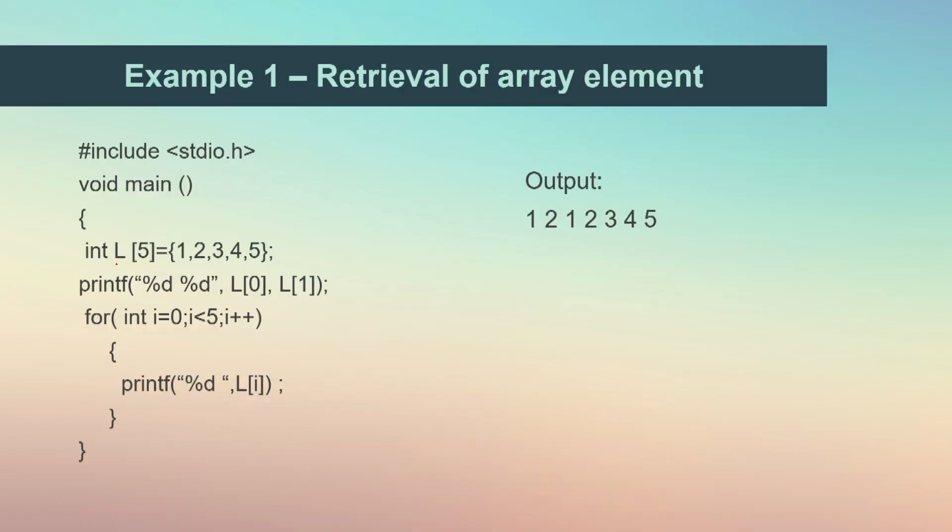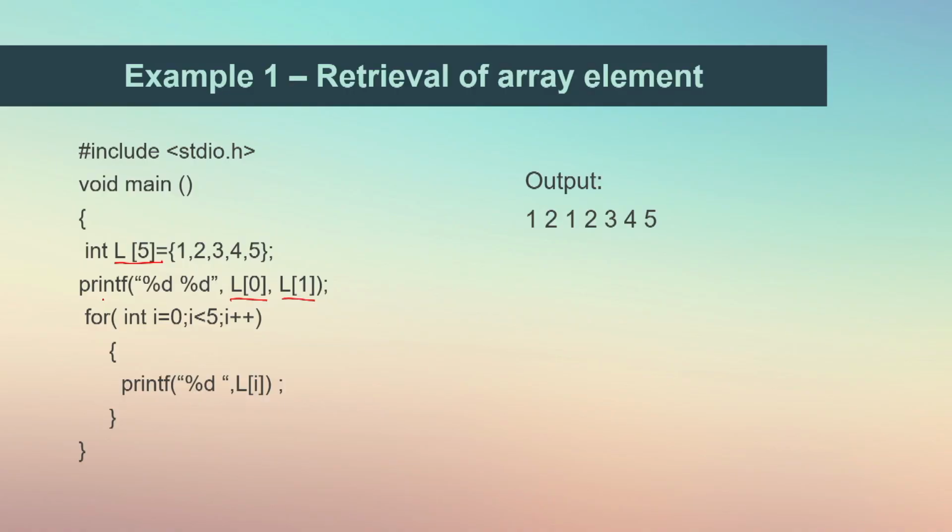Then how are we going to retrieve an array element from the memory? We know that the memory is associated with contiguous location storage because of the concept of arrays. Here we can see an example considering an array named L with 5 values. We can represent the subscript using the notation L of 0, L of 1.